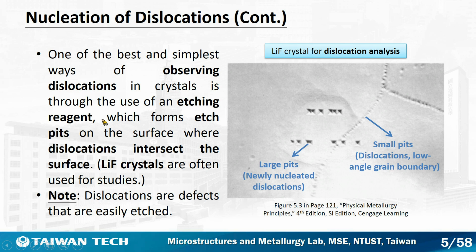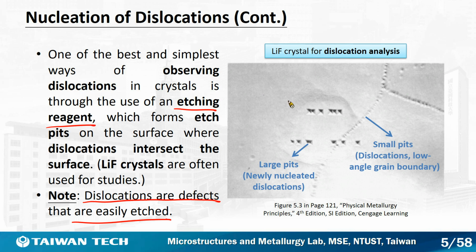And let's see the observation of dislocations. How to see the dislocation nucleations. We have one very simple method to observe it in crystal. That is, we use an etching reagent. And then we use the agents so that we can etch the specimen. However, we know that dislocations are defects, and defects are easily etched.